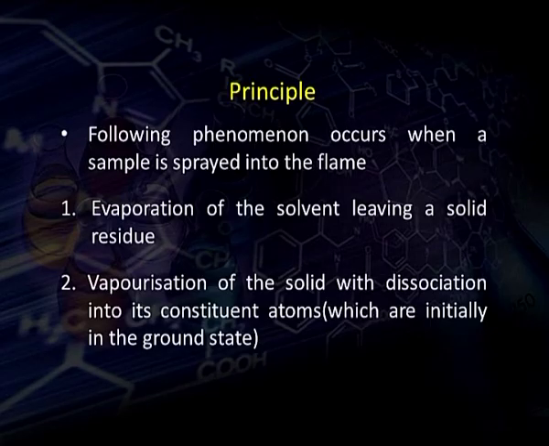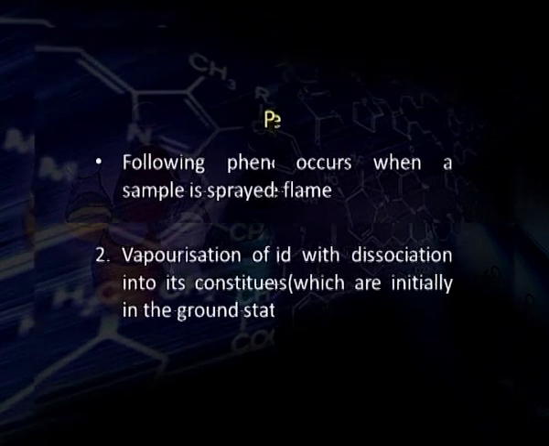Following phenomena occurs when a sample is sprayed into the flame. Number 1, evaporation of the solvent takes place, leaving a solid residue. Number 2, vaporization of the solid with dissociation into its constituent atoms, which are initially in the ground state, are obtained.